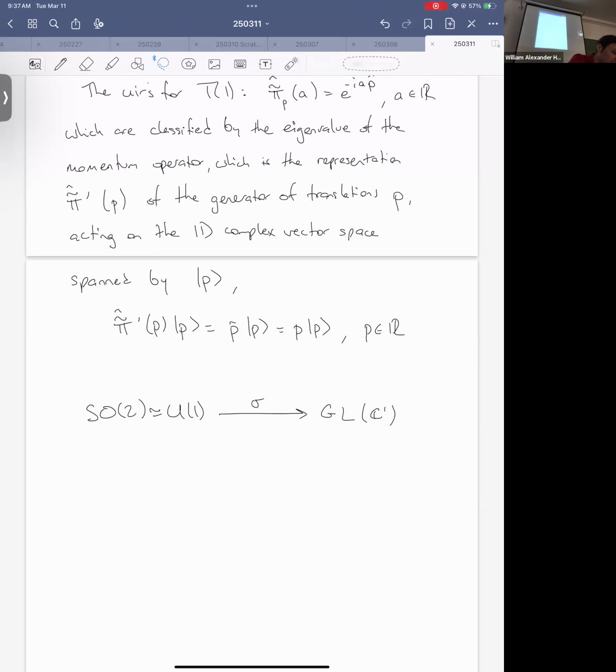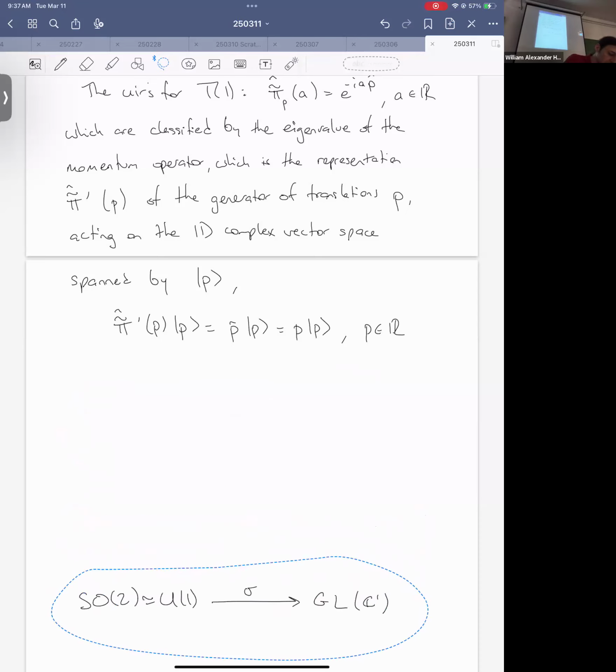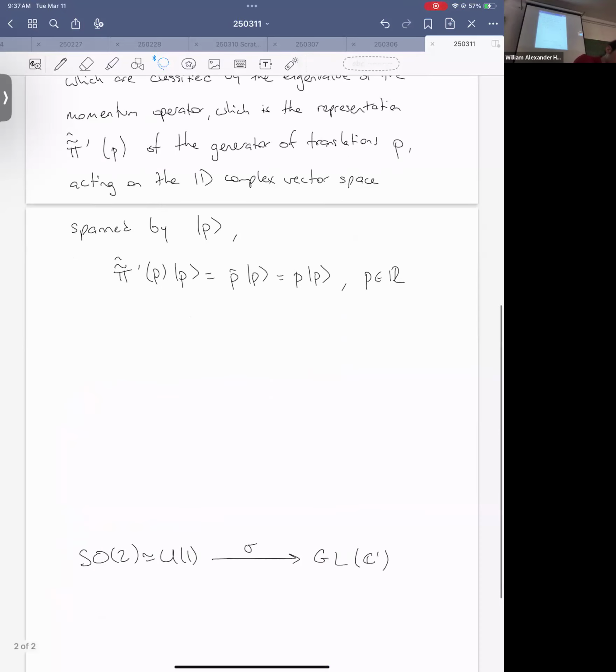So in fact, let me draw something else. So this is what's going on in the first homework set of this coming week, which I wouldn't necessarily expect you to understand in full detail, but I think it's helpful for organizing things. So we have what's known as a short exact sequence.